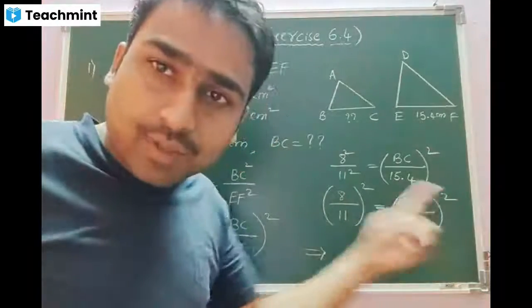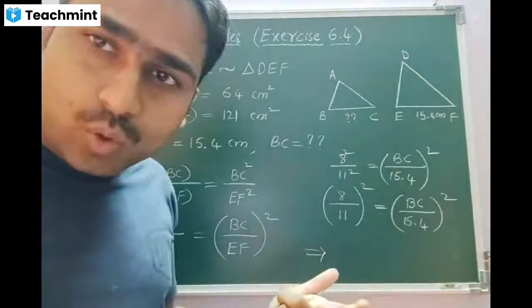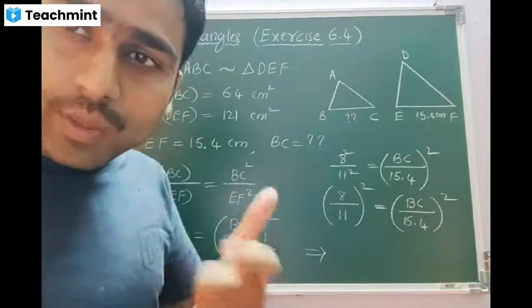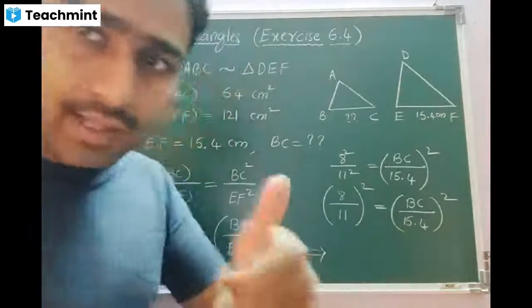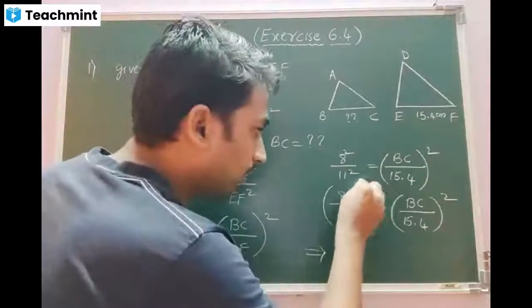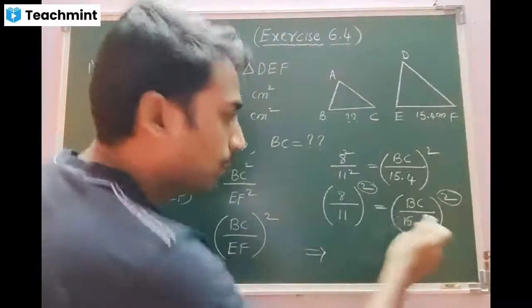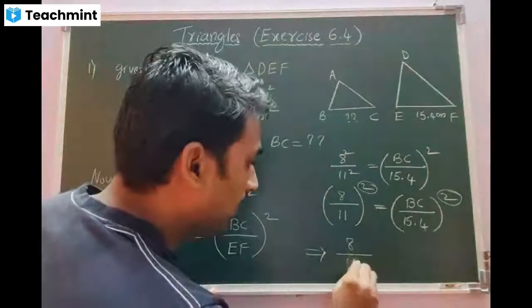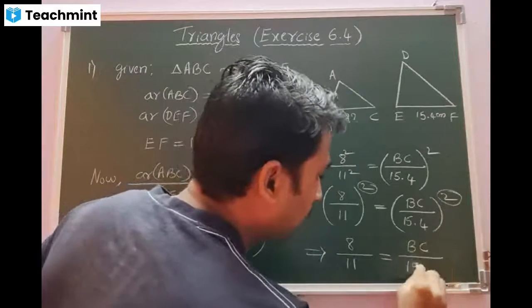Powers are same on the left side as well as right side, so according to the laws of exponent, the bases are also same. Since the powers are 2 and 2 here, these two will be equal. This implies 8 by 11 is equal to BC by 15.4.